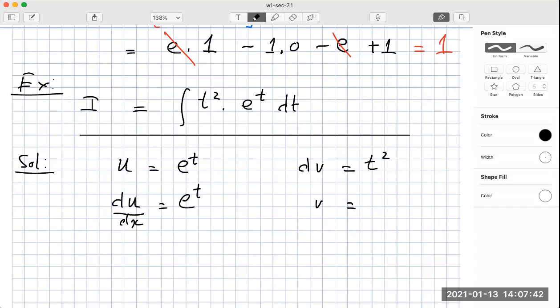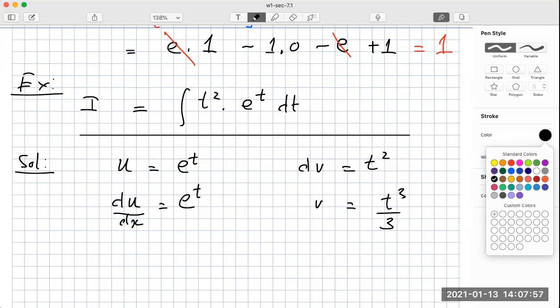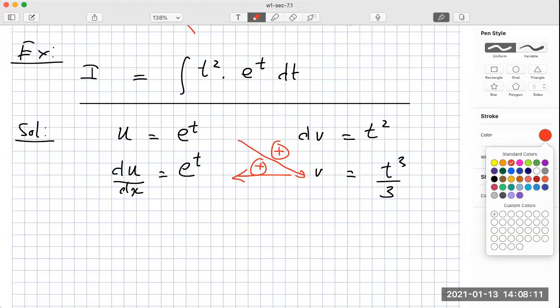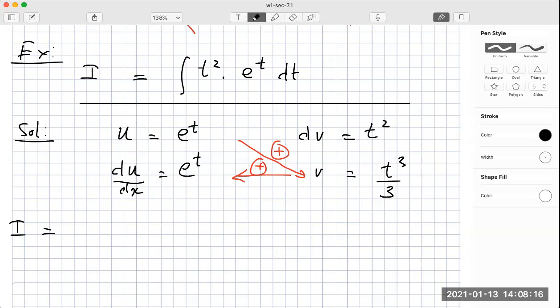Okay. And what is the antiderivative of dv? t cubed over 3. Then applying the formula, we know that we need to multiply this guy with this guy and then subtract the integral of this and this. Okay, what do you think about it? It's becoming even harder, right?